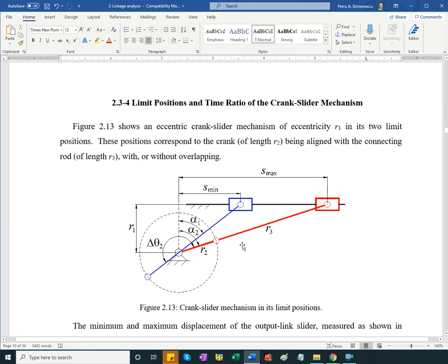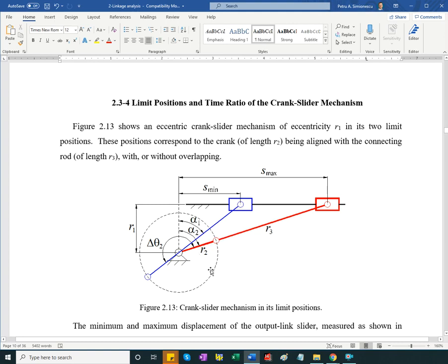And we define the minimum and maximum displacement of the slider as shown. So I have some right angle triangle, with a 90 degree angle. There is no x and y axis, but this is assumed to be the vertical axis and horizontal axis. So how do we calculate S min or S max first?